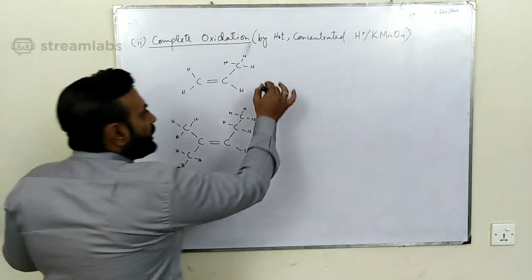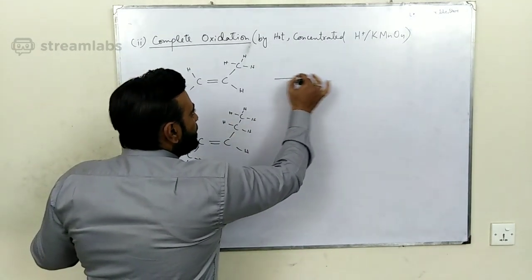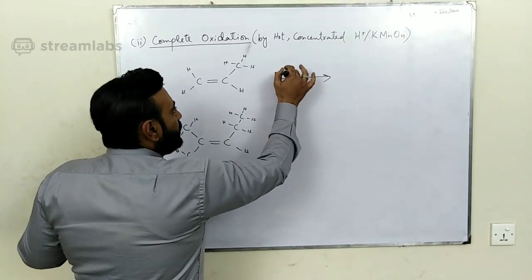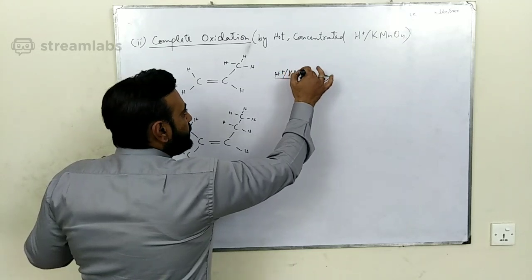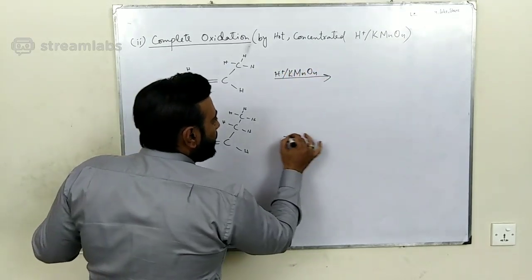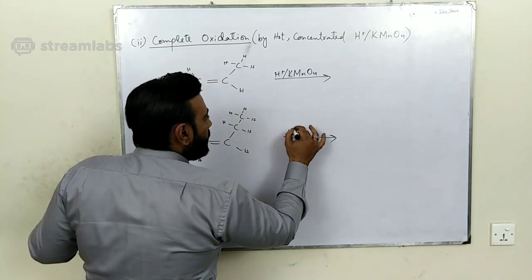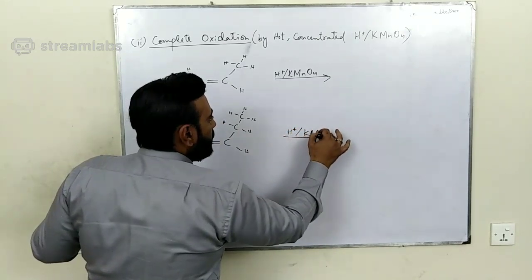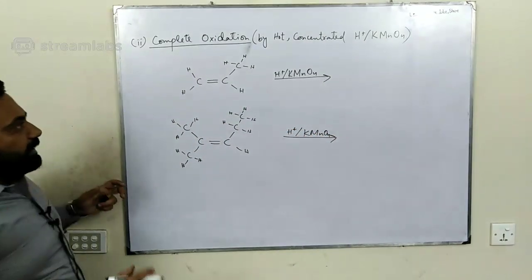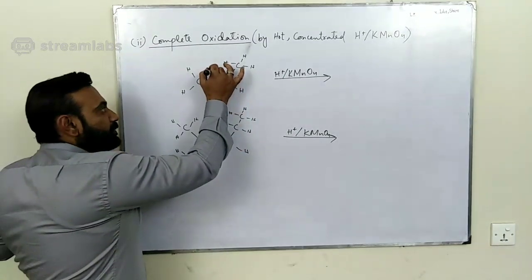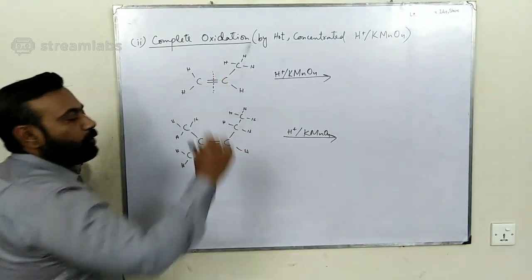See, when we are oxidizing anything with hot and concentrated acidified potassium manganate, when an alkene is being oxidized by this reagent, both the bonds which were a part of the double bond would be broken.